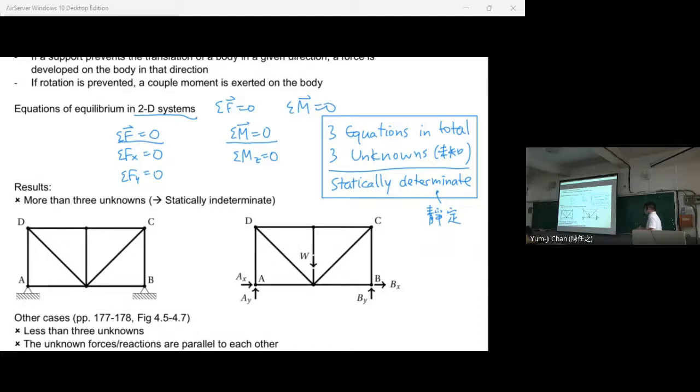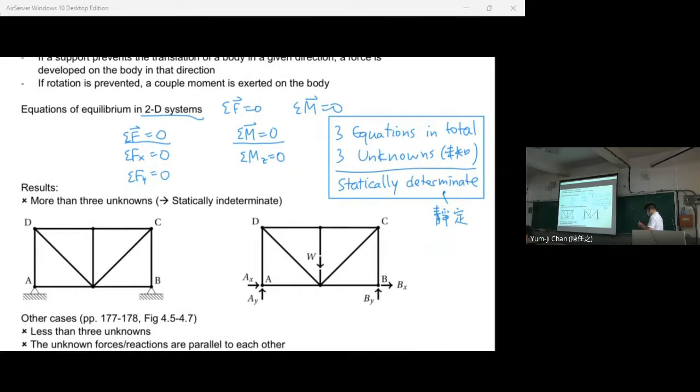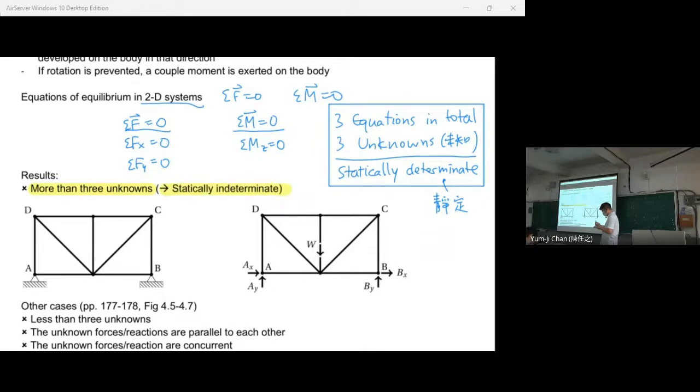Sometimes you may see problems with more than 3 unknowns in a 2D problem. These are called statically indeterminate. Okay, in Chinese that is 静不定.